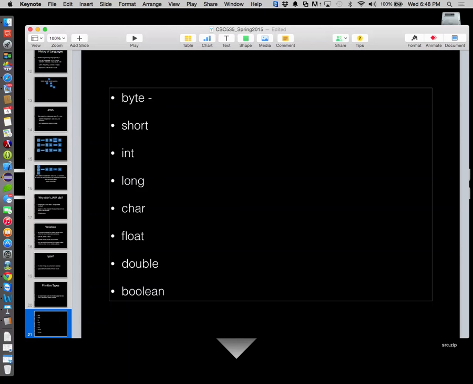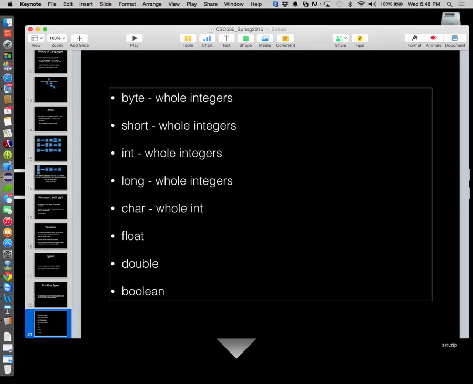A byte holds whole integers. A short holds whole integers. An int holds whole integers. A long holds whole integers. A char holds whole integers.